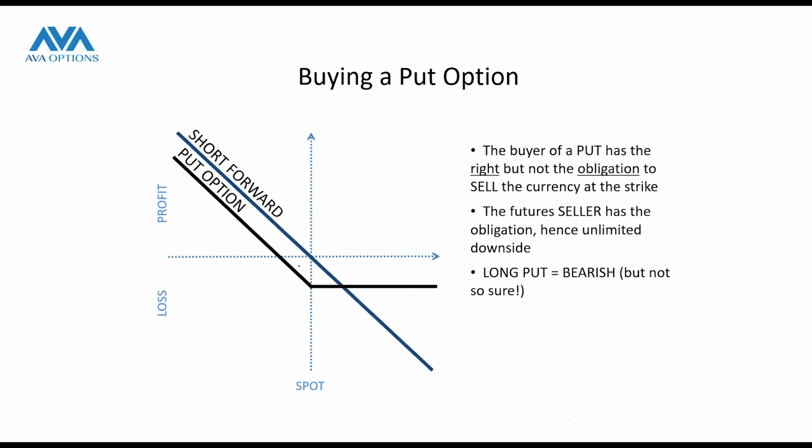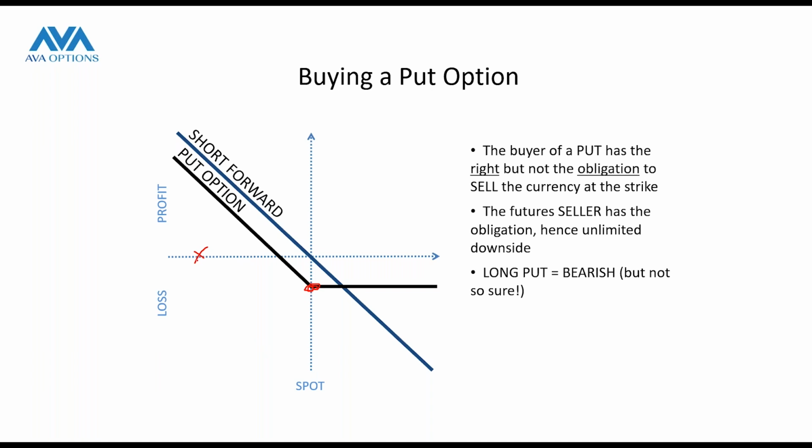The other type of an option is a put option. The put option gives you the right to sell at a specific price in the future. So when you're buying a put option, you're taking the view or you're protecting against the market going lower. If I have a put, the market's trading again at 115 here, and I buy a put struck at 115 and the market drops to 114 over here, then I exercise my right to sell at 115.